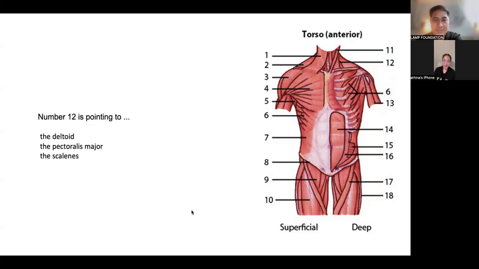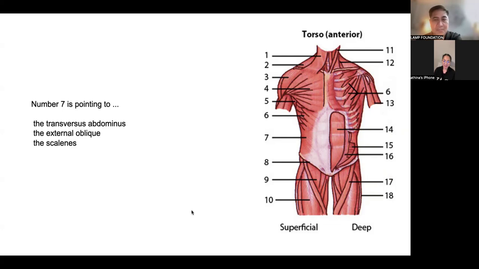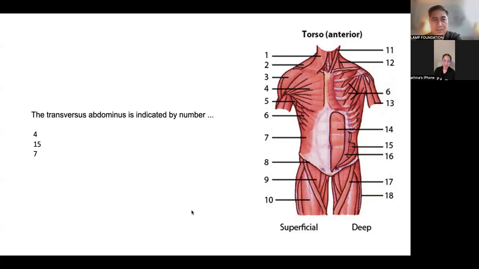Number 12 is the scalenes. Biceps brachii, that's number 13. Number 7, the external oblique. Number 2, the trapezius. Transversus abdominis, that's number 15.